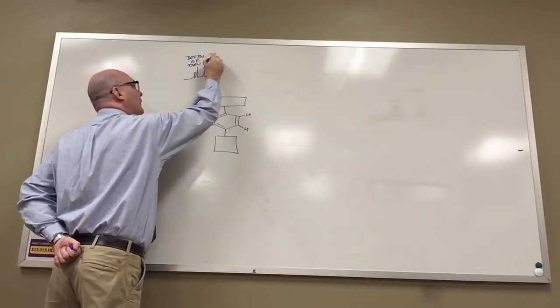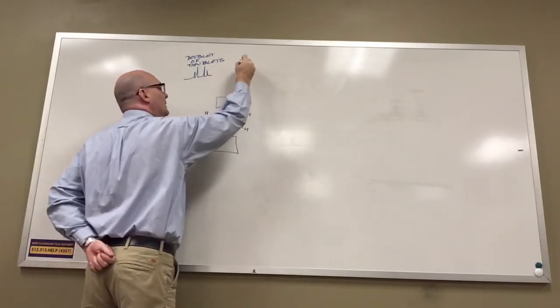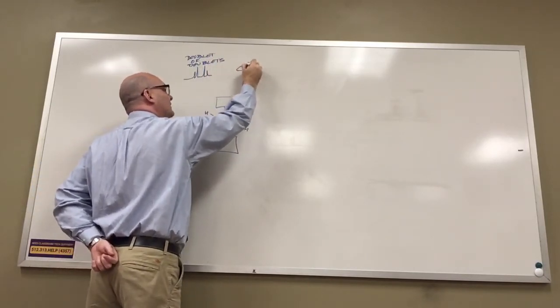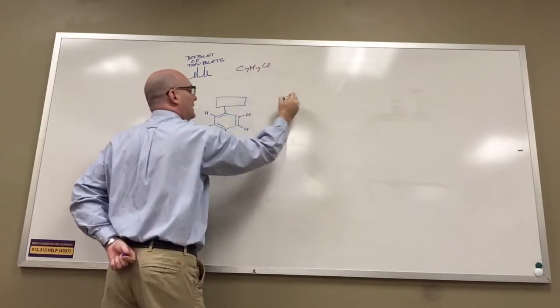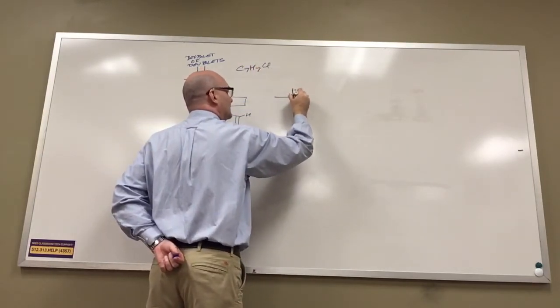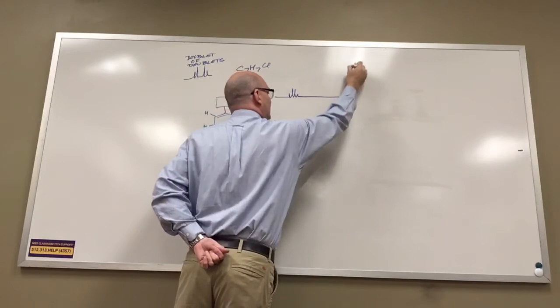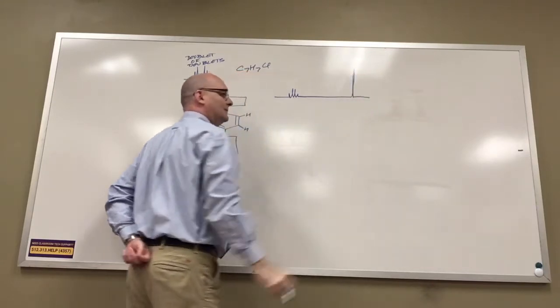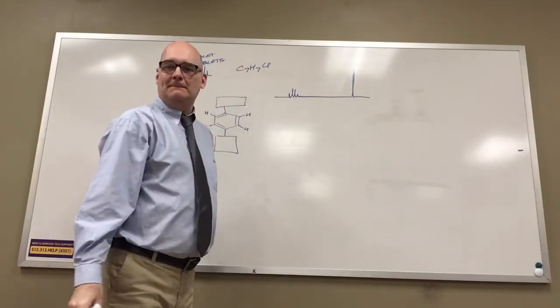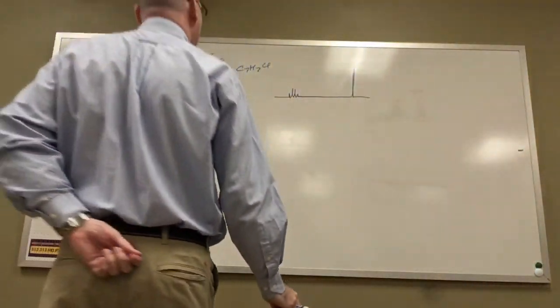And the chemical formula for my unknown is C7H7Cl, and it looks like this. Is that a singlet? That's a singlet. What's the integration on the singlet?